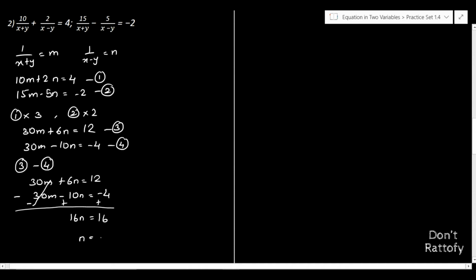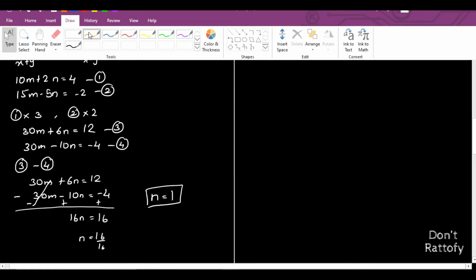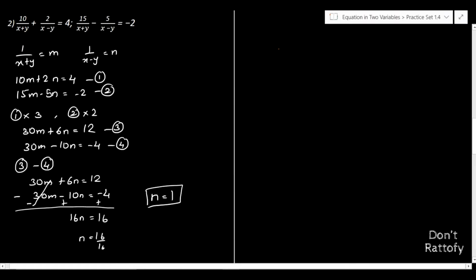So I got the value of n as 16 upon 16. So I have the value of n is equal to 1. Right? So by solving this, I got the value of n as 1. So I'm going to use this information, that is, I'm going to substitute the value of n somewhere else. So substituting n is equal to 1 in equation, let's say 1.